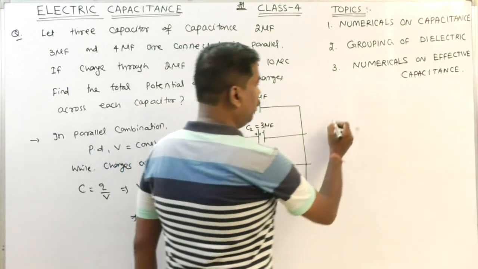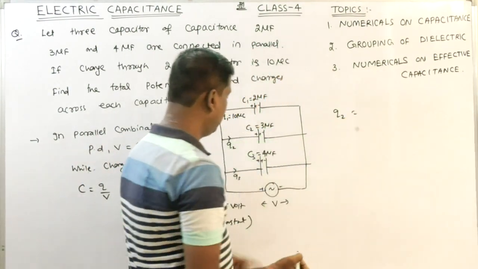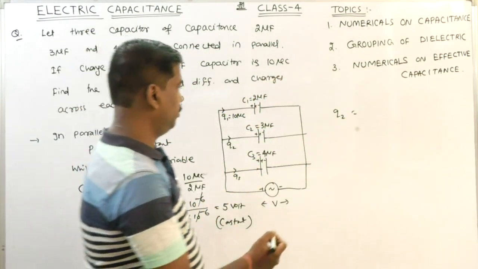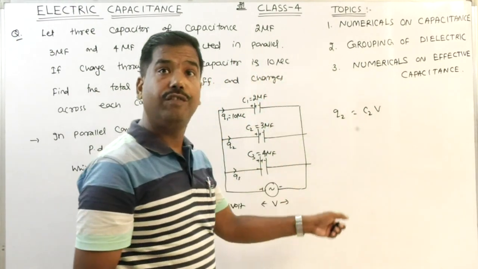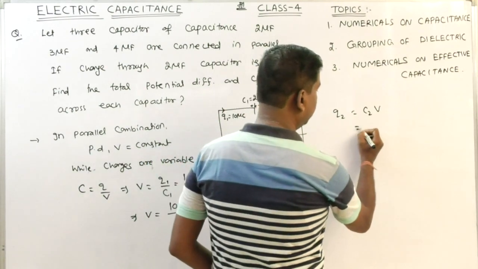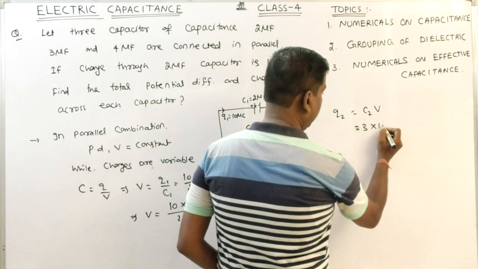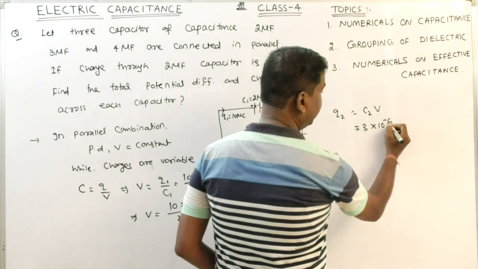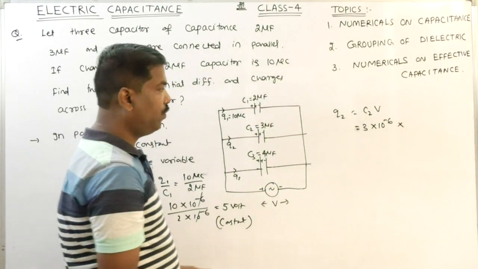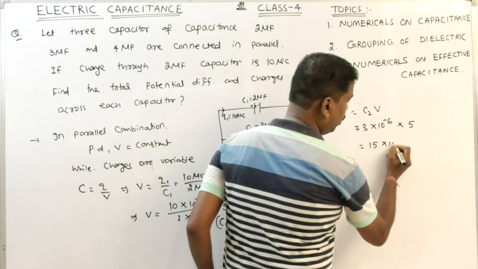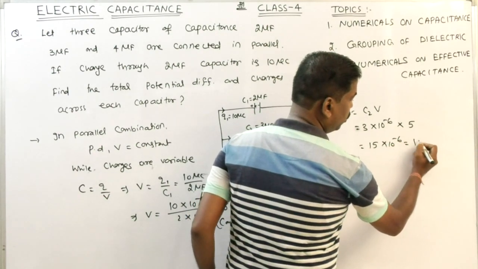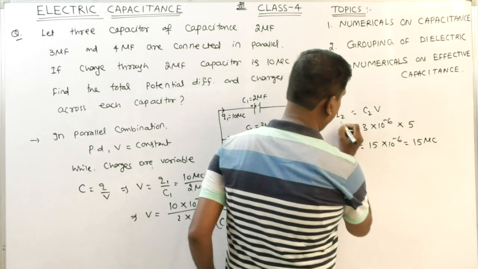Now Q2 is equal to how much? C2 into V, because V is constant. C2 is 3 microfarad, that is 3 into 10 to the power minus 6, and V is found to be 5. Therefore 15 into 10 to the power minus 6 is equal to 15 microcoulomb. This is Q2.